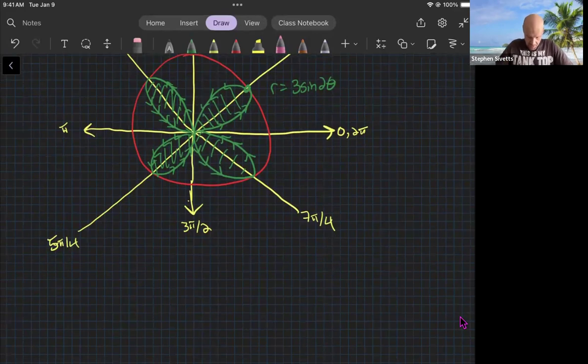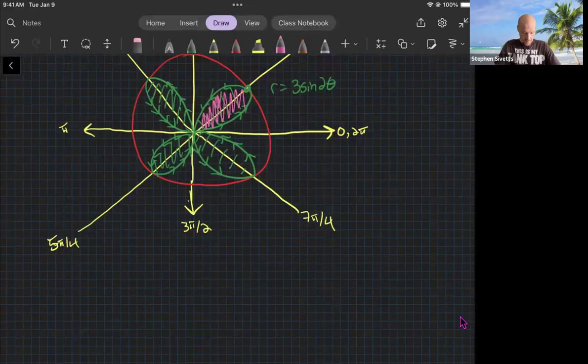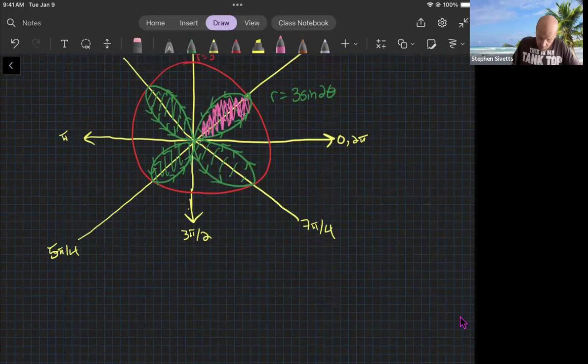Now, what we want to do next is figure out the area of the region inside the petals. All we have to do is figure out the area of the region inside one petal and just multiply by 4. Namely, I'll figure out the area of this petal in pink. We can use symmetry.